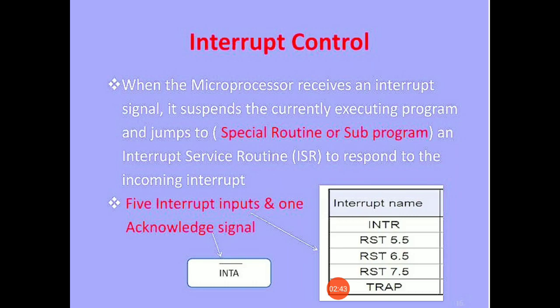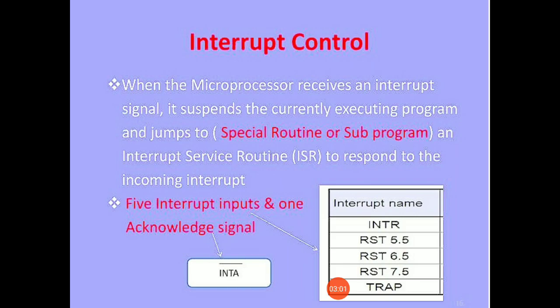Now sometimes it is necessary to have the microprocessor automatically execute one of a collection of special routines whenever a special condition exists within a program or the microcomputer system.